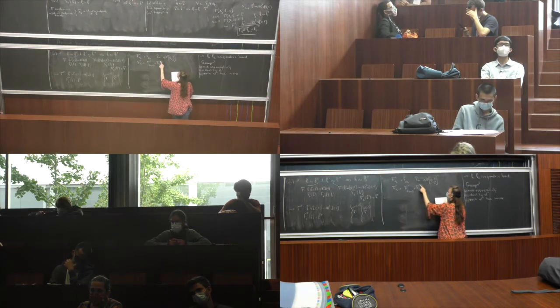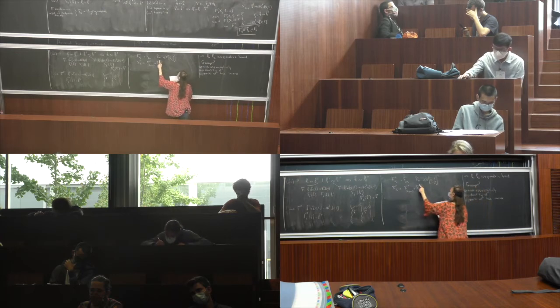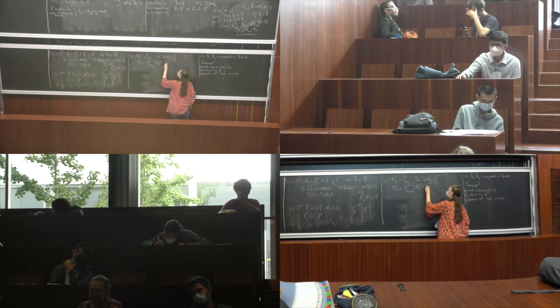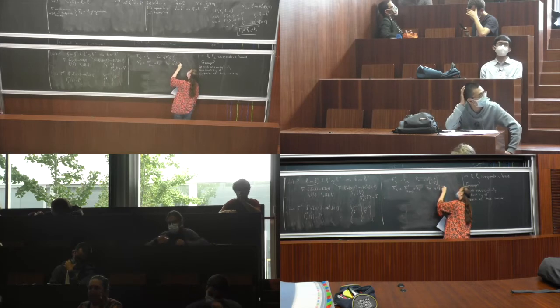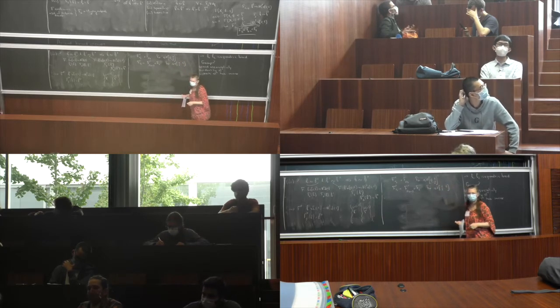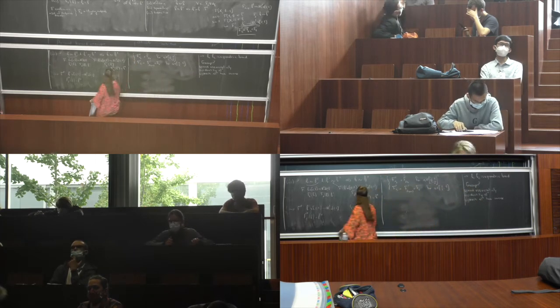No, F1 now. I want to go from B to B prime, so I just have to take F1 for s between 1/2 and 1. This should do. And this is exactly what I said I did.